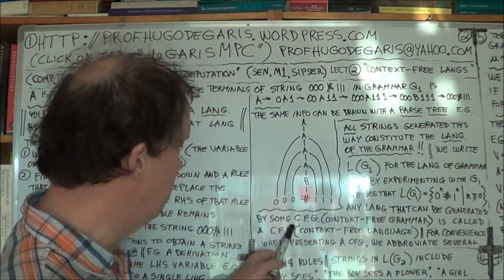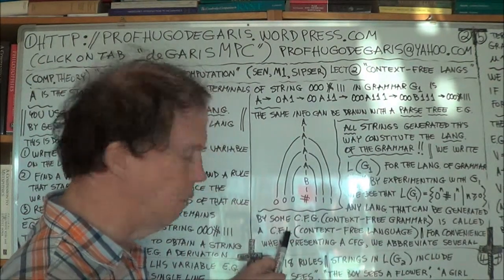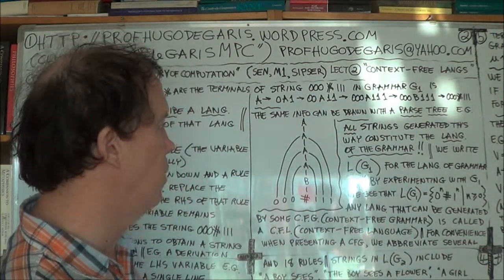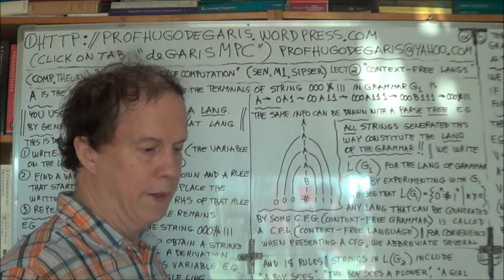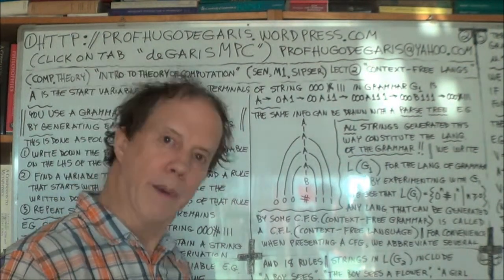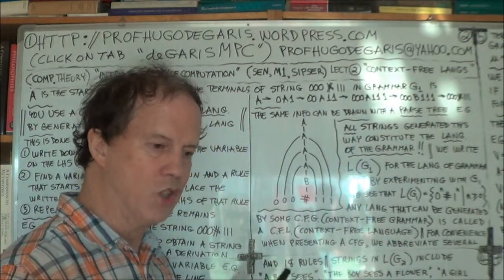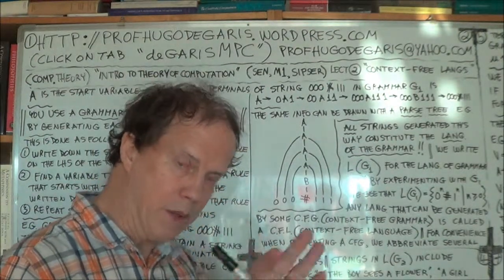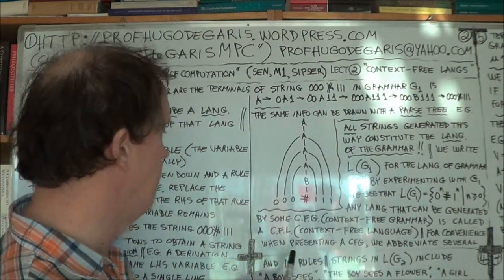So get used to this. We'll use it even without the periods, we'll just use CFL, a very common abbreviation. So what is a CFL again? It's a language that gets generated by a context-free grammar, in other words, a CFG. So a CFL is generated by a CFG. Another very important definition for you to memorize.